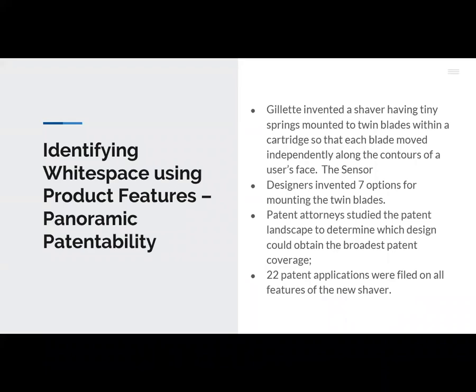Thus, the white space around the core patent covering the product was also protected by Gillette so that its competitors could not jump into that space and design around them and create their own product, or prevent Gillette from modifying its design in the future to employ one of these embodiments in the 22 patent applications.